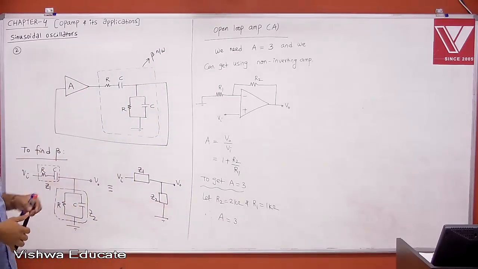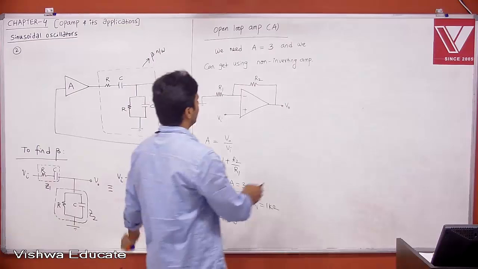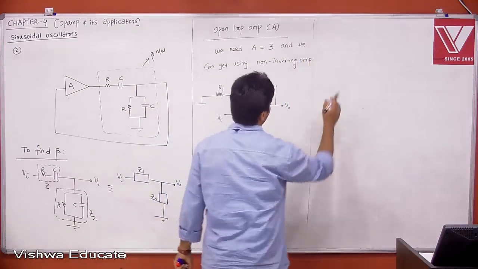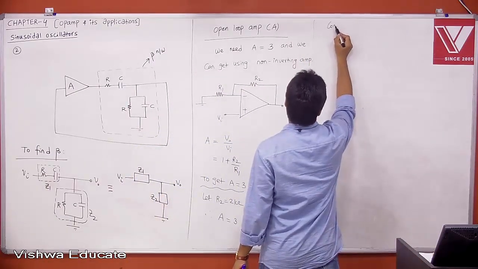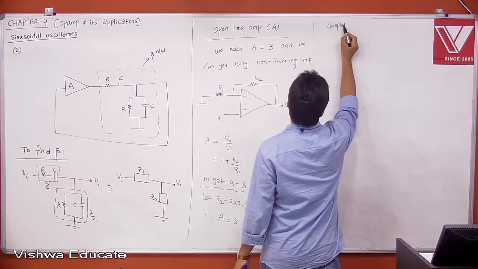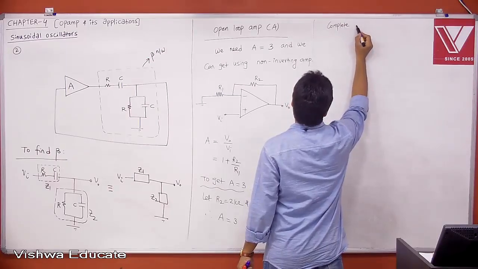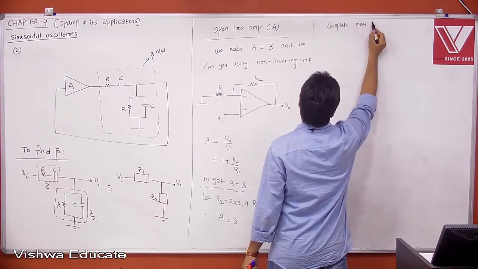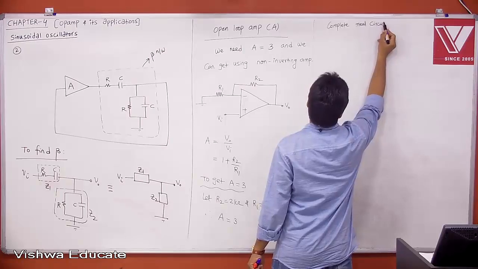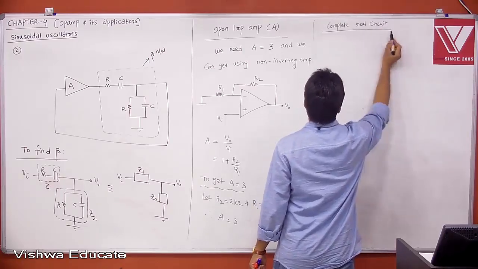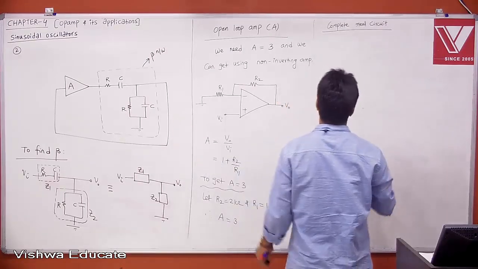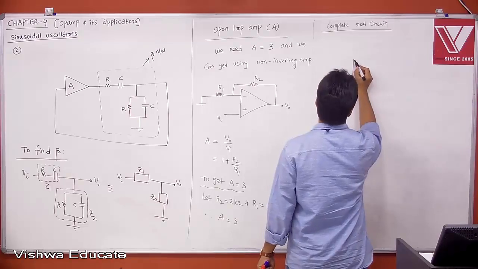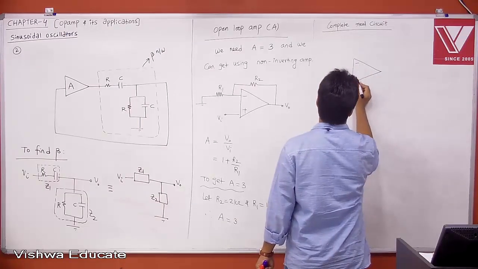Therefore, this is your open loop amplifier. Now, combine the open loop amplifier with the beta network, and that is your final circuit. Therefore, your complete real circuit: your open loop amplifier is minus, plus.